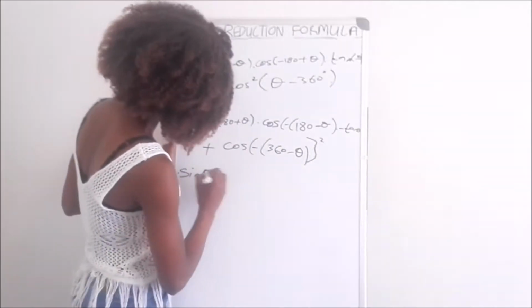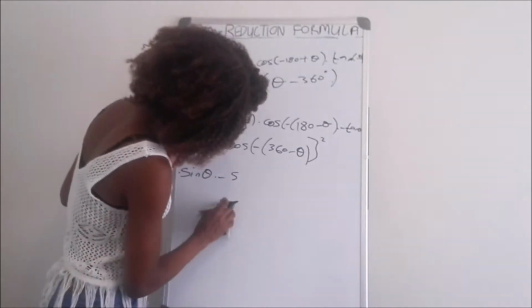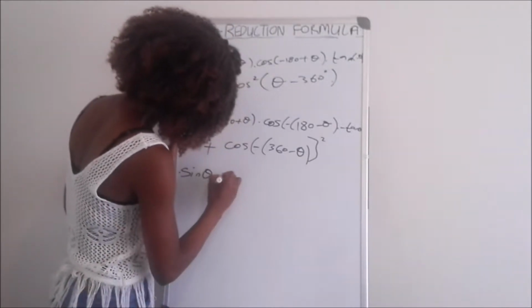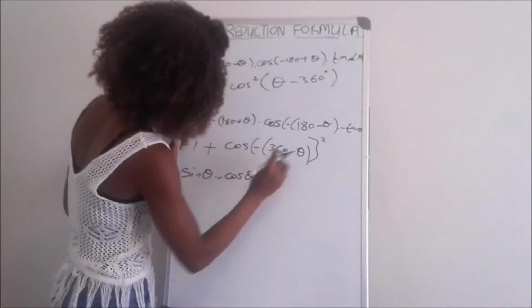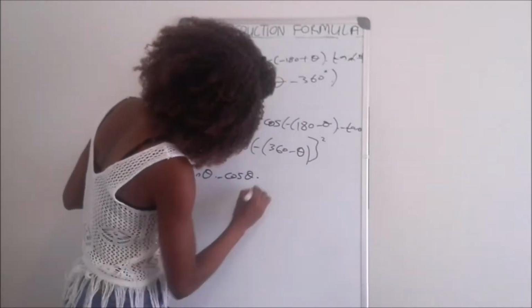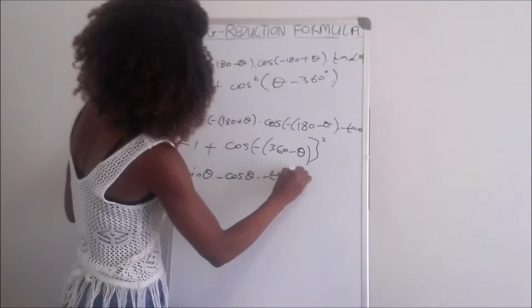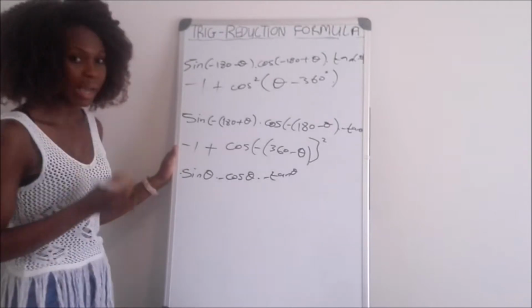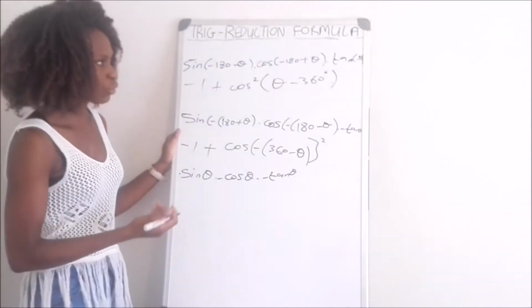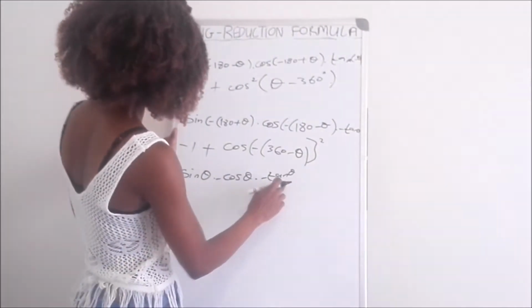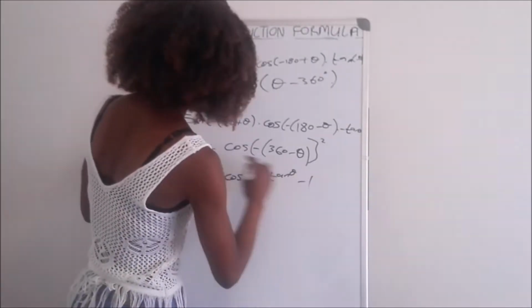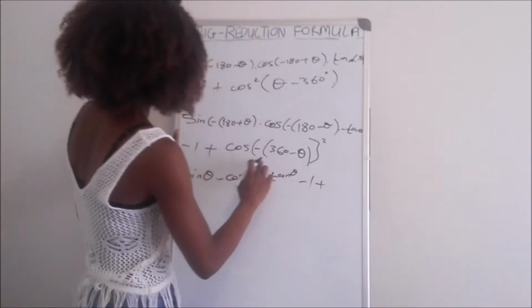That means we have minus cos theta. And then the tan of negative theta, because negative angles are only positive in the fourth quadrant, will be negative tan theta.